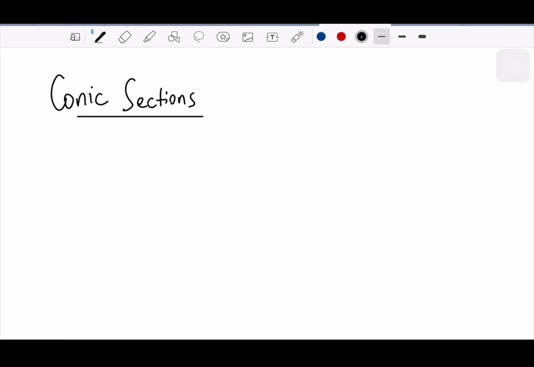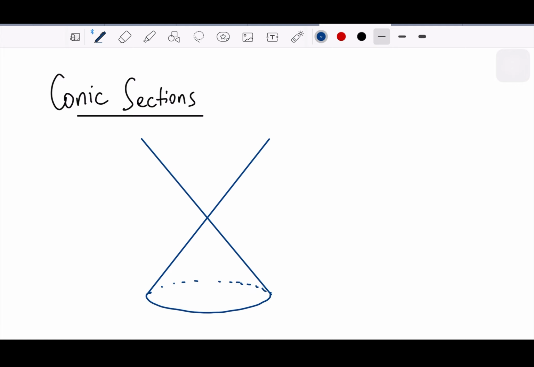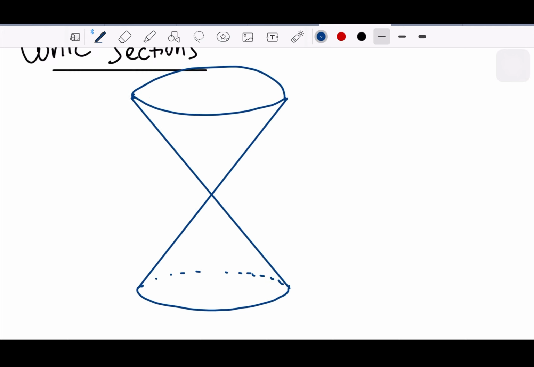So first of all, why is the name conic, like why does it have cone? Of course it is related to the cone itself. So let's draw a cone. And let me draw two cones so we can have a much clearer definition. Okay, let's say that's our cone.